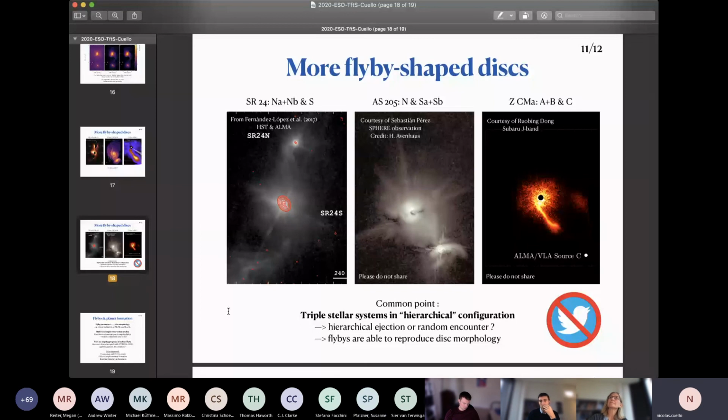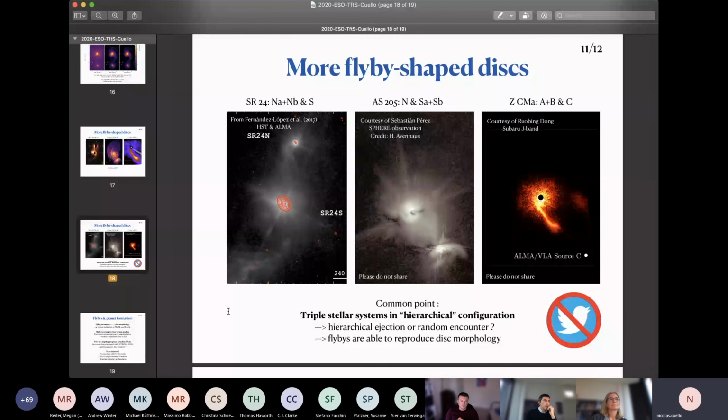I mostly relied on the work done on n-body simulations, such as the ones you did and the ones that Andrew Winter did. But I for sure think that dynamical encounters, if we're seeing so many, should have played a major role previously. So the fact that we're seeing, for example, in this ALMA survey very small disks is because there is a very strong bias towards the brighter and more massive ones.